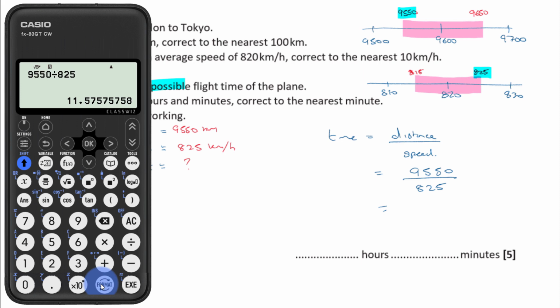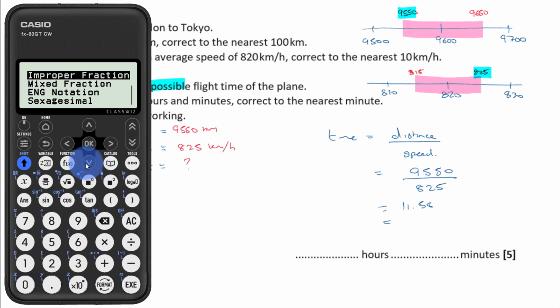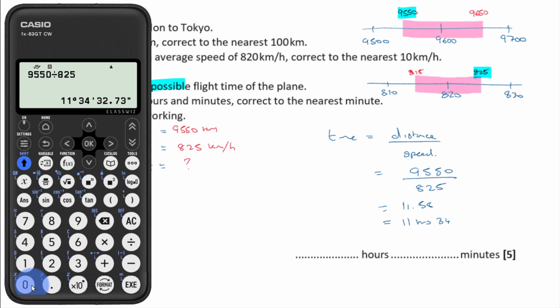Now, let's just write it down as a decimal first. That's roughly 11.58, which in hours, minutes and seconds, pressing the time key, is coming out to be 11 hours, 34 minutes, and 32 seconds.